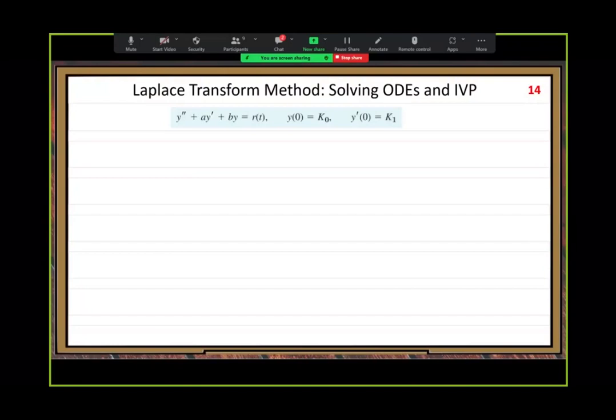First, let us solve this general second order ODE initial value problem. Let's apply the Laplace transform. We just use these two formulas.